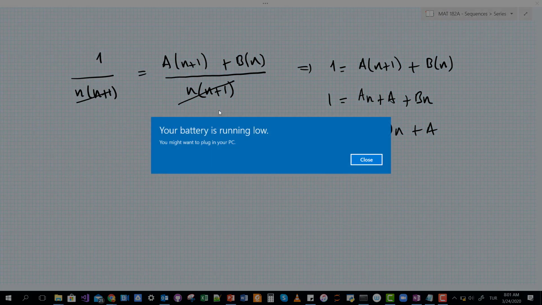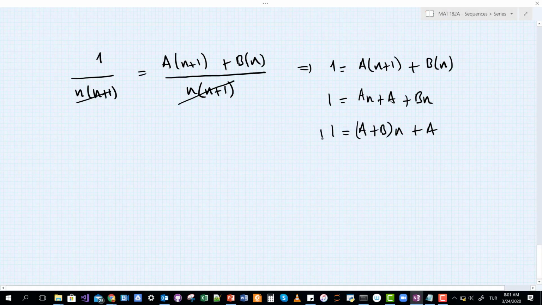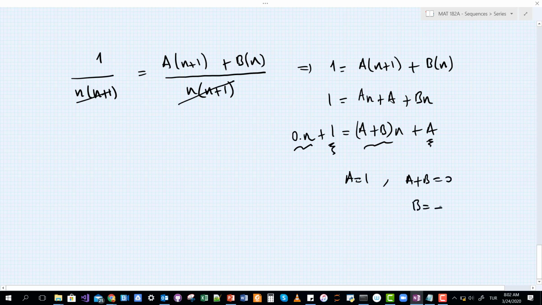If you remember from high school, this is 0 times n. So this term will be equal to this term, and this term is going to be equal to this term. So A is going to be equal to 1, and then A plus B should be equal to 0. If A is 1, B should be equal to negative 1.